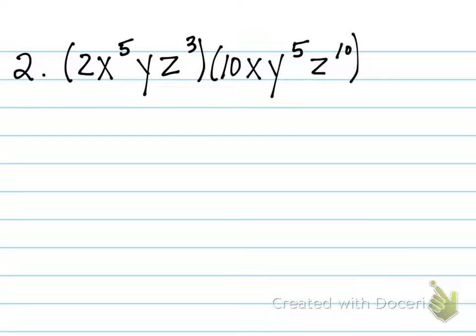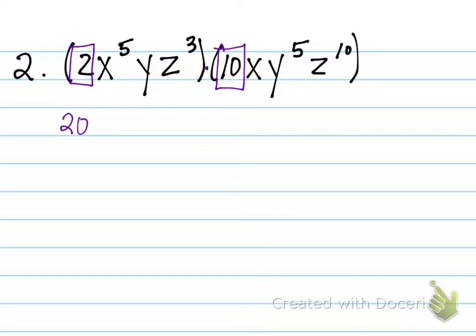Next example, we have two things in parentheses. They're multiplied by multiplication. I'm multiplying them together. So I'm going to combine my like terms. I'm going to start with the constant. So I have a 2 times a 10, which gives me 20.